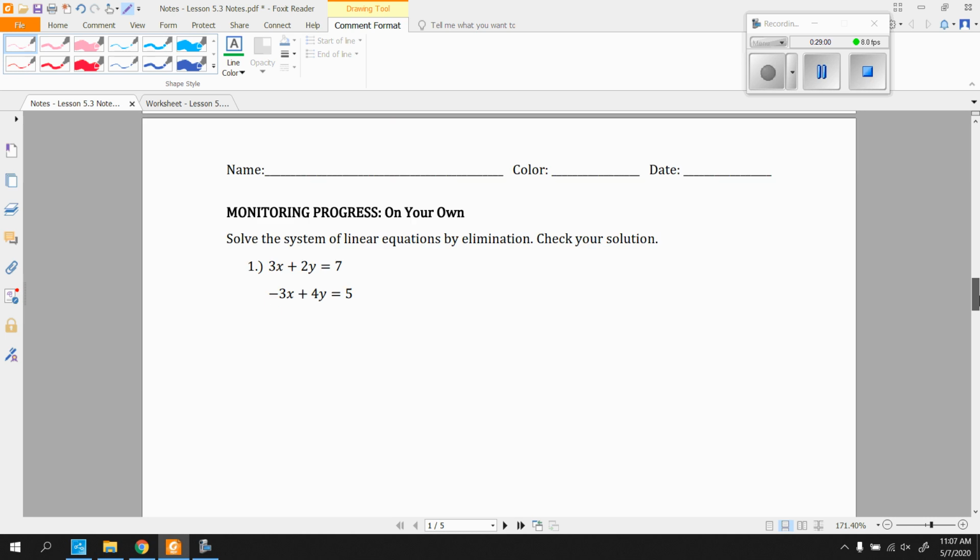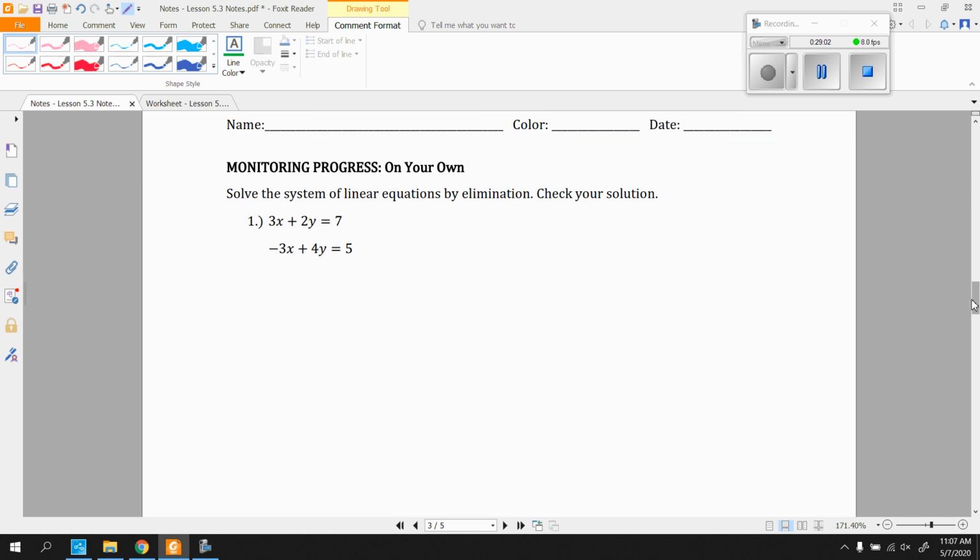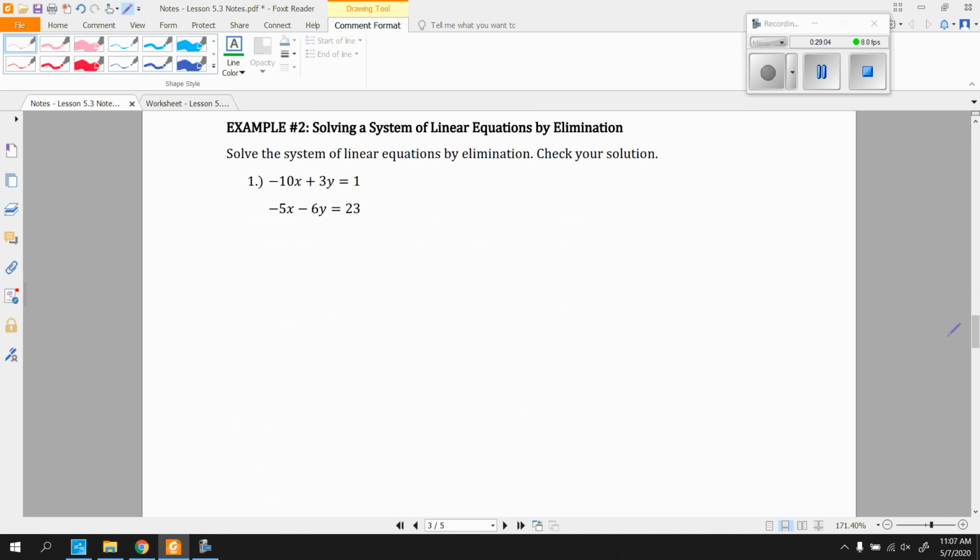Let's make sure we know what that means. I'm looking for maybe a relationship that would be nice, and the one that jumps out at me is this 3 and this -6. We said we want opposite signs. Well, this one's positive and this one's negative on the y's, right? There's a +3 and a -6.